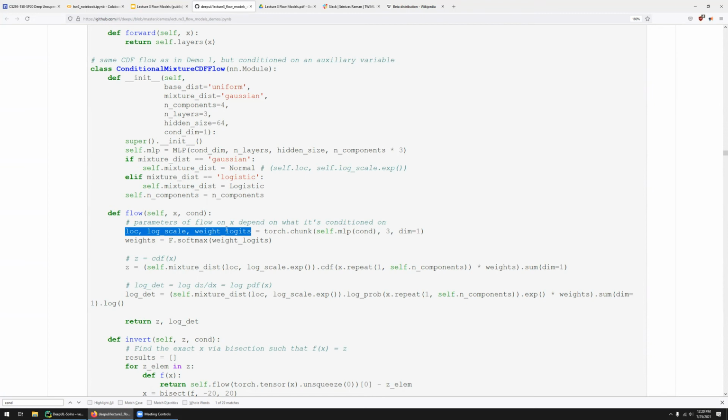But yeah, I don't know what condition is, but it seems to be the conditional dimension. Conditional dimension is 1. It says in layers, hidden size, and components. Okay.